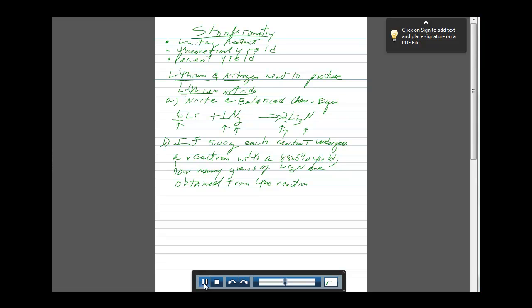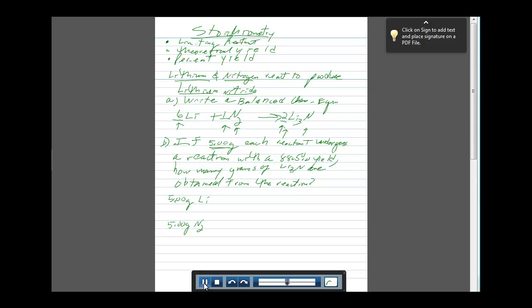Now, to solve this problem, it's saying that I have 5.00 grams of each reactant. And so 5.00 grams of lithium and 5.00 grams of nitrogen.